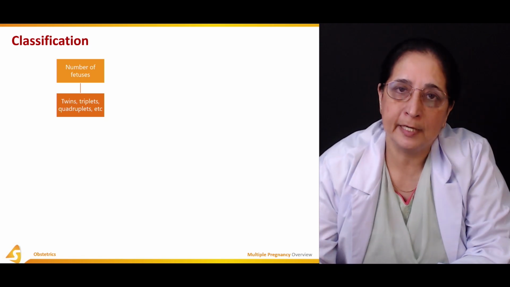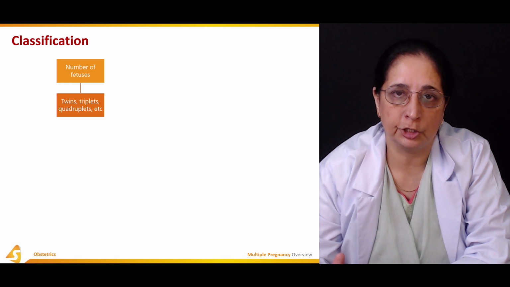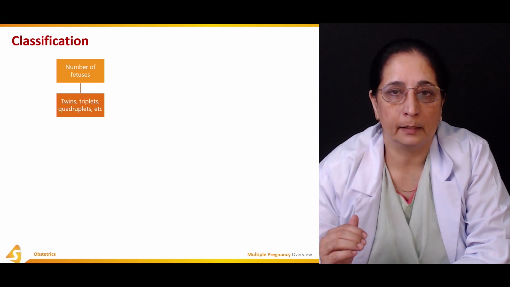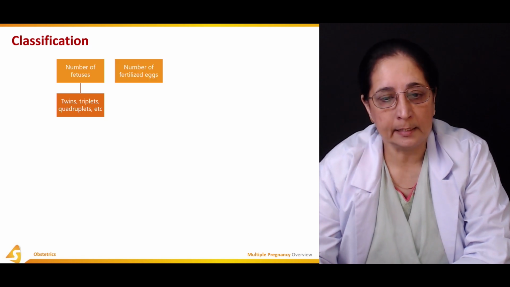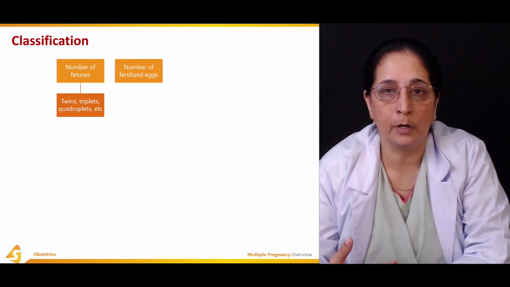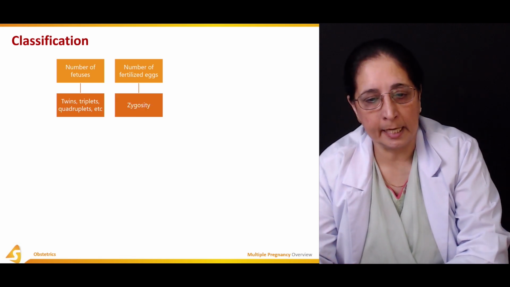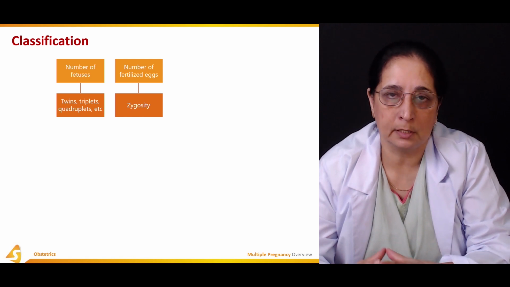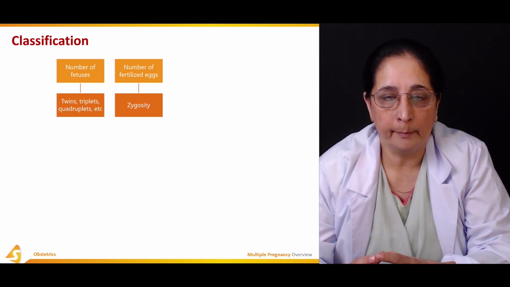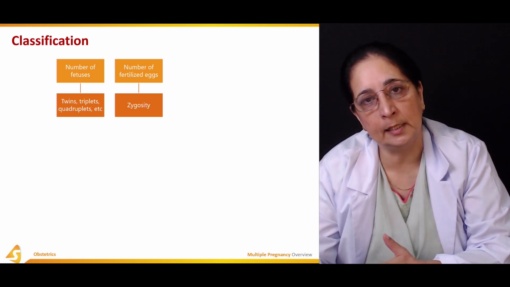So the number of fetuses is an important factor in the classification of twin or multiple pregnancy. The next important factor is the number of fertilized eggs. That is given the name zygosity. Zygote is the fertilized egg.